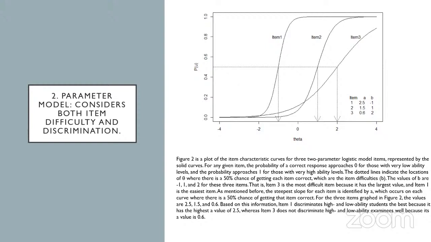When the theta level is high and students perform better, that means item discrimination and item difficulty both are good. For example, here you can find out item 3.